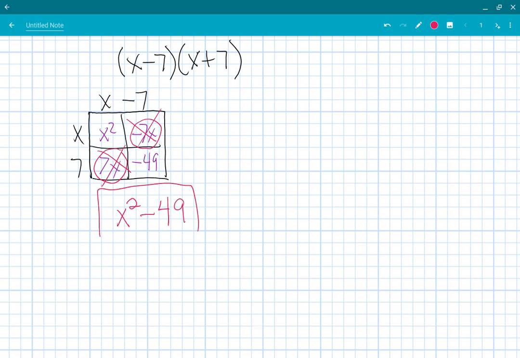By the way, these are my favorite. Fraternal twins are my favorite because there is no middle term. So it's basically just going to be the first box right here and the last box. By the way, if they're fraternal twins, do you think this sign right here will ever be positive?